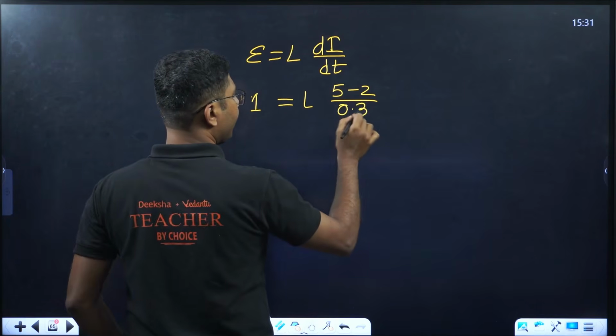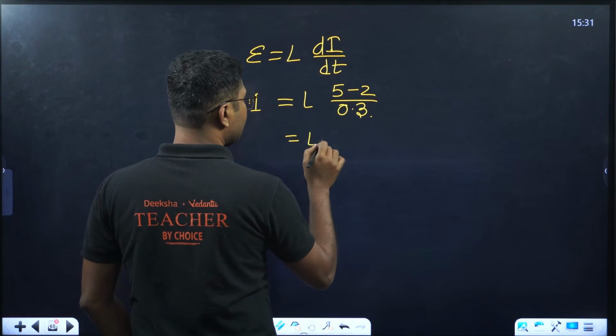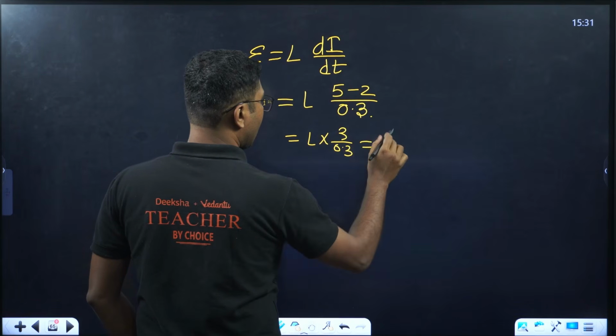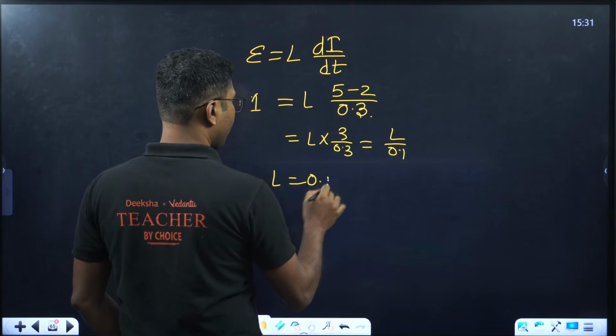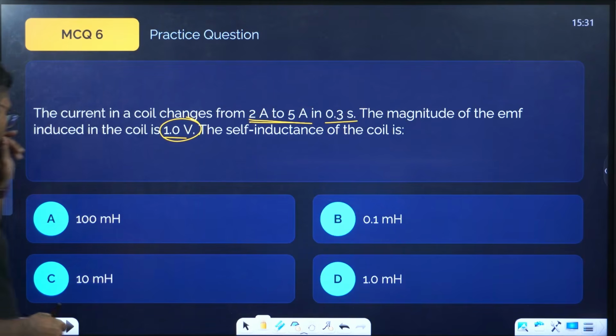Okay, so now just simplify this and you will get the answer: L into 3 by 0.3, or L by 0.1, or L equals 0.1. Okay, so value of L is 0.1.